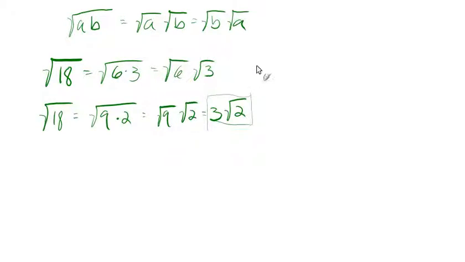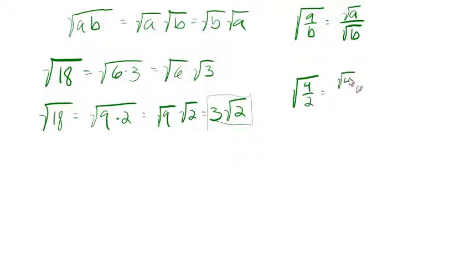Okay? So another property is the square root of a fraction is equal to the square root of the numerator over the square root of the denominator. That would be useful if we had, say, the square root of 4 thirds.